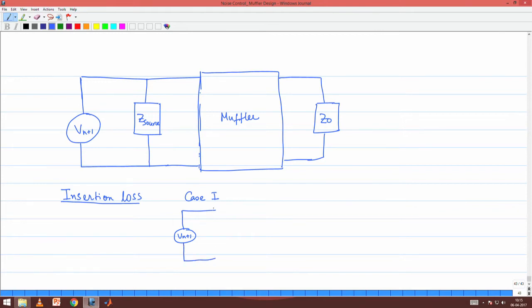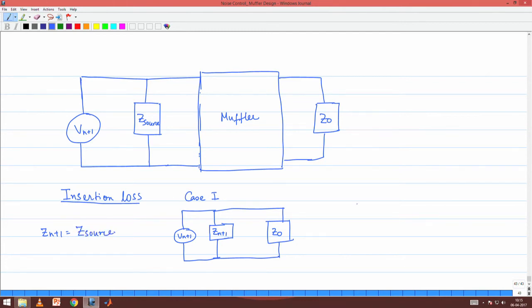You have only the source, you have the source impedance and you are having the radiation impedance for sure, Z0, right. And in case 2, I will call Z source as Zn plus 1 because that will simplify my nomenclature. Zn plus 1 is the source impedance. So, Zn plus 1 equals Z source.